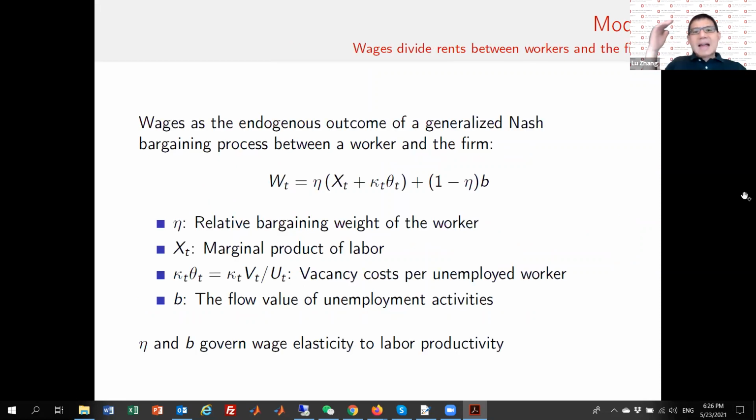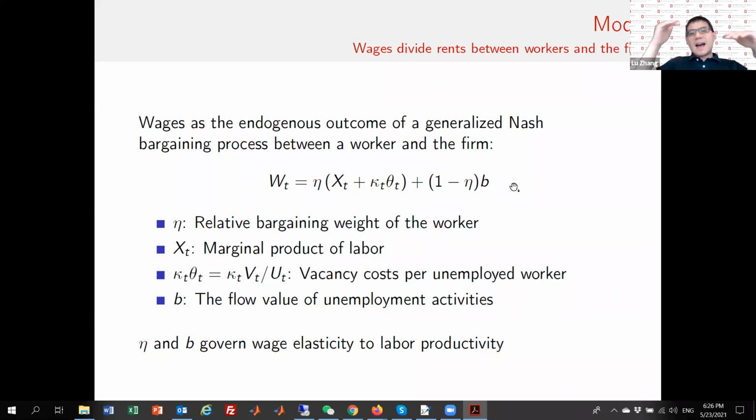So wages are derived from the standard Nash bargaining game, standard Nash wage. So wage depends on the marginal product of labor, not surprisingly. If a worker is more productive, the worker is going to earn more. If the worker is more popular on the labor market, in other words, if it is more costly for the home institution to replace you, then your wage is going to be higher as well.